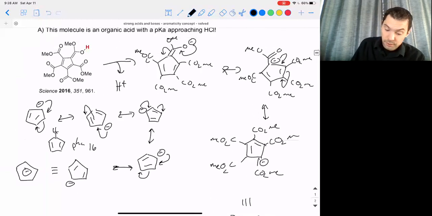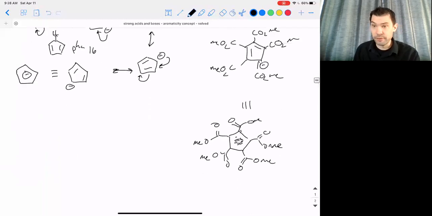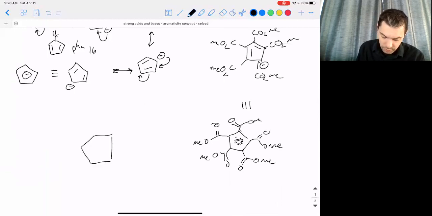So this is delocalized up into that carbonyl. And so it turns out that there's a total of 10 different resonance structures where that negative charge can sit in these anions. So let me just draw this one out real big here.